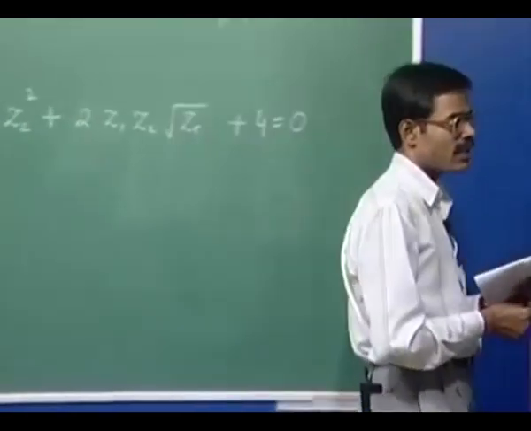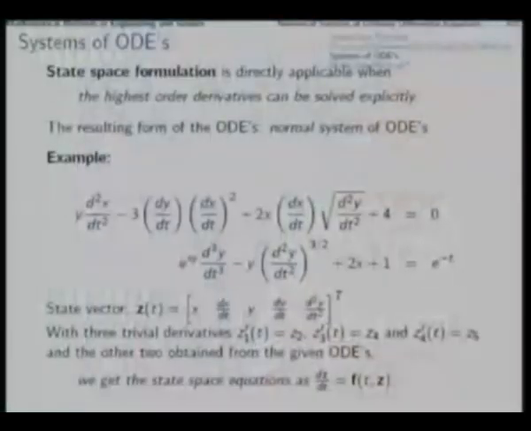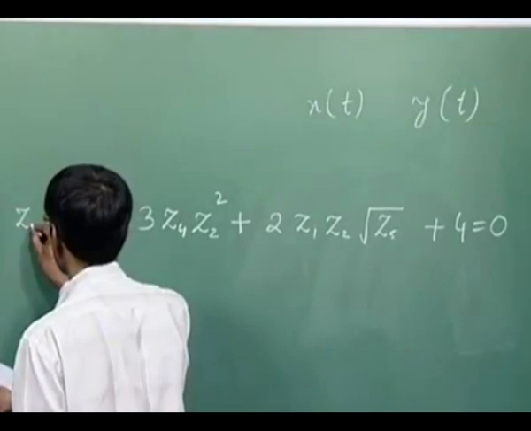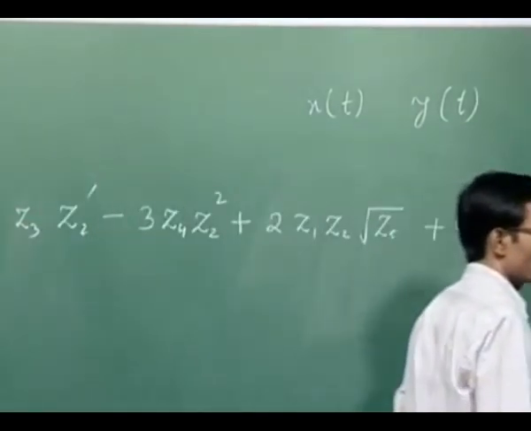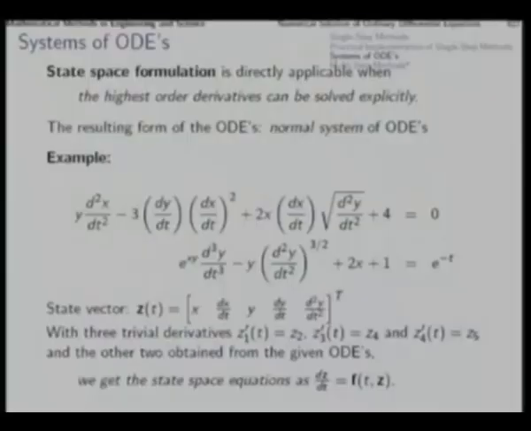Just match term by term. We have written this differential equation. In place of y, we can write z3. So, just go on reading this first differential equation in terms of z1, z2, z3, z4, z5. So, y is z3, look up there.